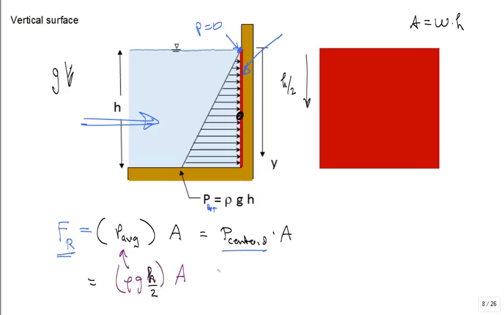Okay. Where do I apply it? I'm going to use moment considerations to figure out where I apply it. Do I apply it at h over 2 down, right in the middle? Or do I apply it at 2/3 h down?